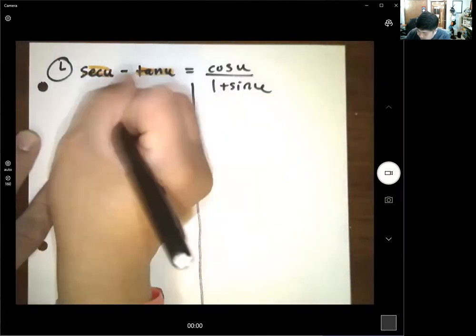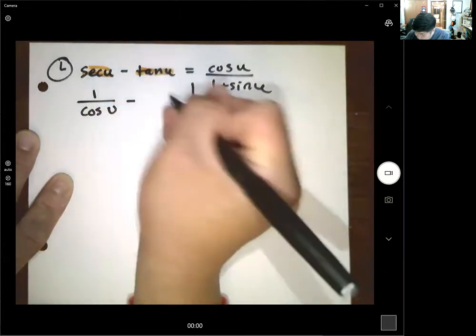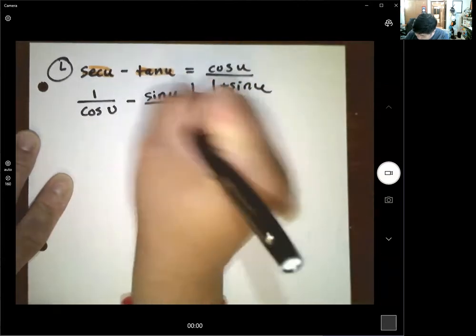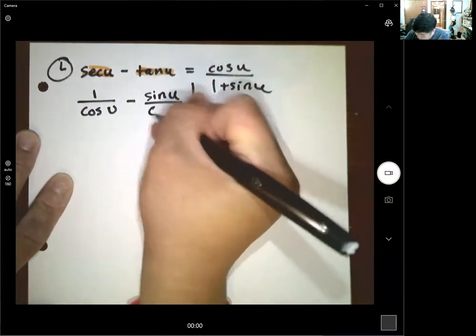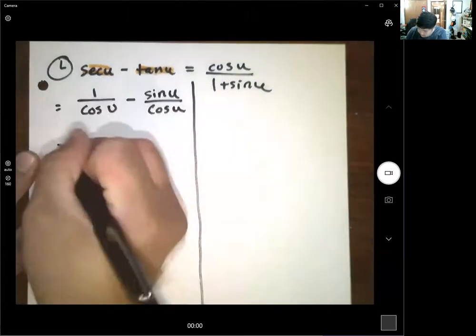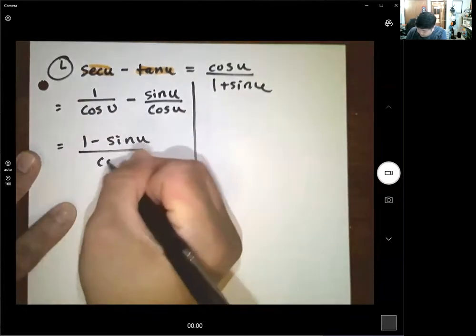So secant of u is 1 over cosine of u, and then tangent of u is sine of u over cosine of u. And now, if you look here, I have a common denominator. So I have 1 minus sine of u over cosine of u.